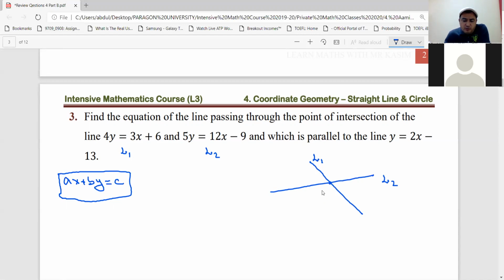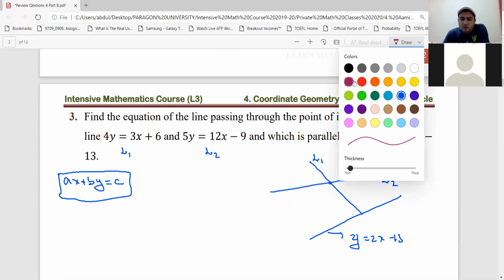So it is passing through this point, how we don't know, and it is parallel to the line y equals x minus 13. Okay, let's say that y equals x minus 13. It is something like this. So that is the line y equals x minus 13.